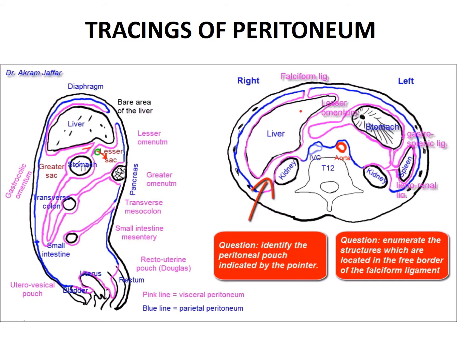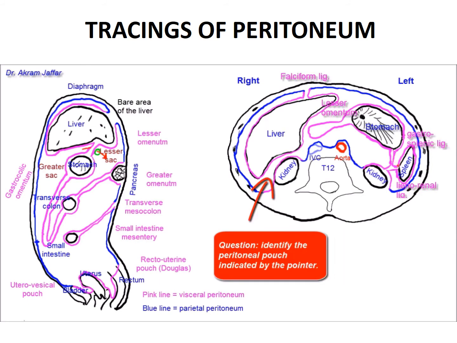It is a continuous sheet of peritoneum, changing names and having different folds, as we have just seen: the falciform ligament, the lesser omentum, the gastrosplenic ligament, the lieno-renal ligament. And it's a continuous cavity, which I said is a potential space, but here it has been exaggerated.